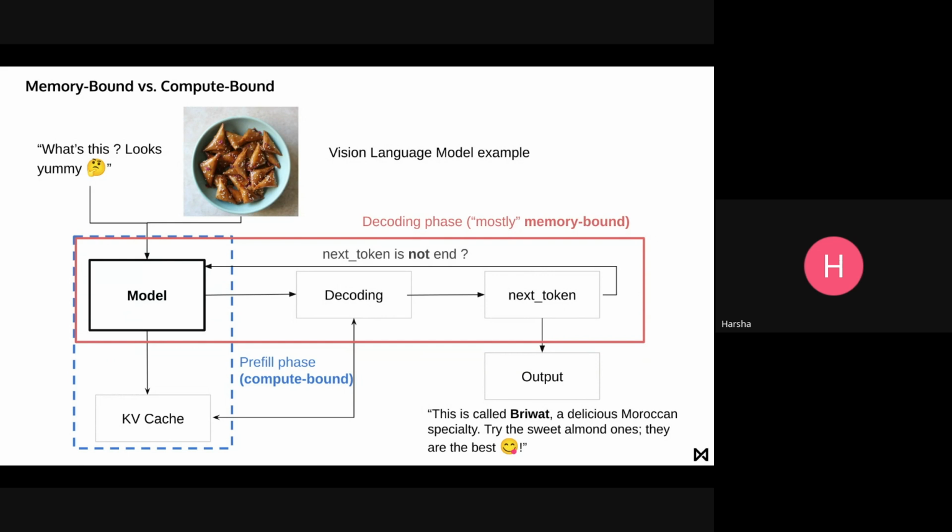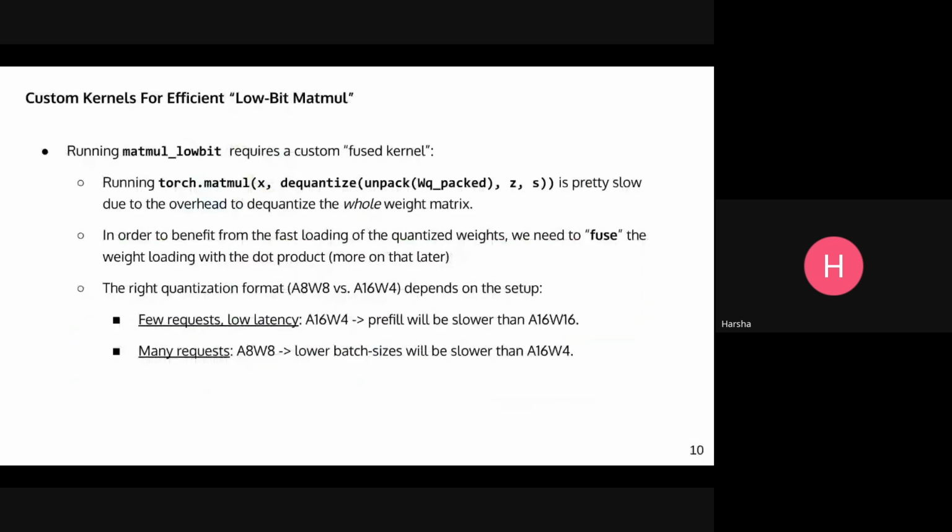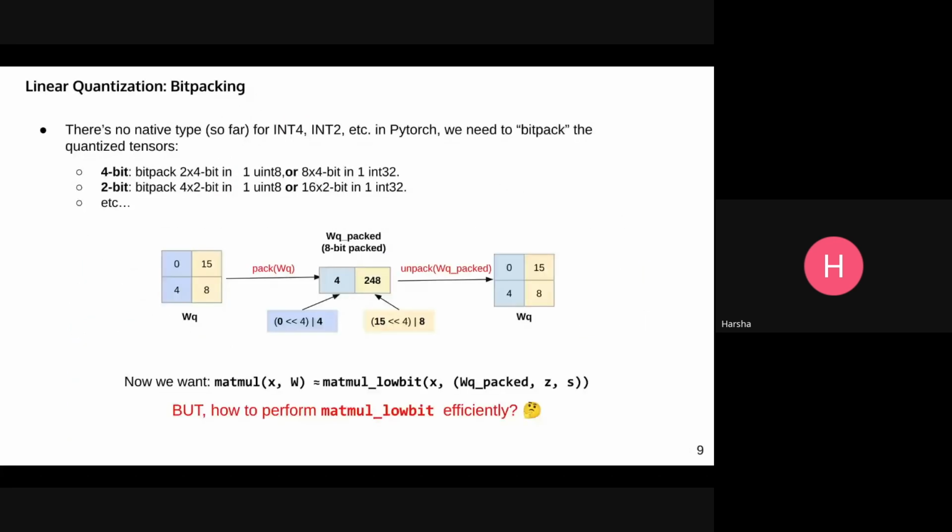I was just curious, this might be a slightly naive question. That is the bit packing that, typically, since there's no support for int4, you do this. Is there any scenario where this is worse than, say, just using FP8, which is already supported? Or where would you make that trade-off?